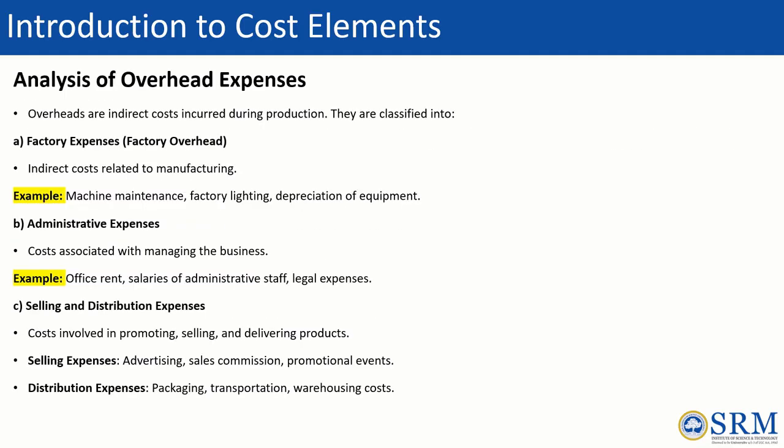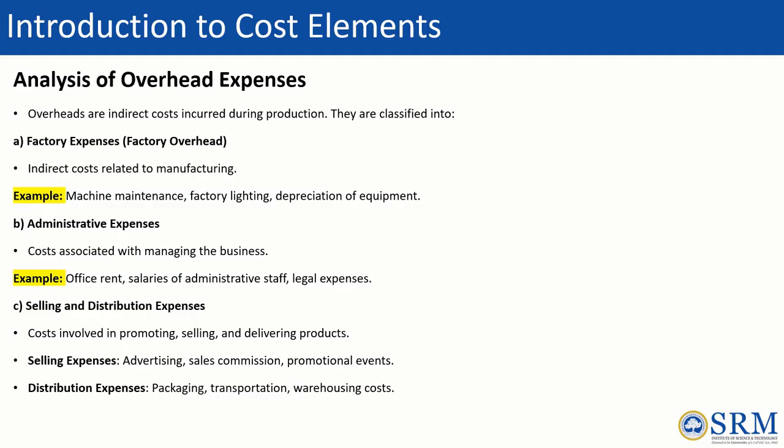Coming to the analysis of the overhead expenses, let's summarize how these indirect expenses group together into what we call overheads. They fall into three main management buckets. Factory expenses. These are indirect production costs like shop floor lighting, equipment maintenance and machine depreciation. Administrative expenses.